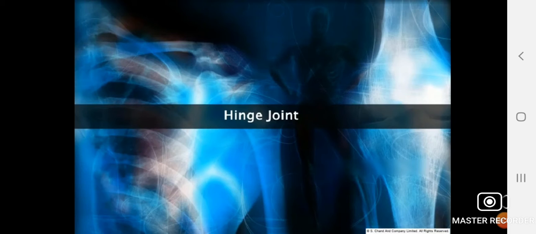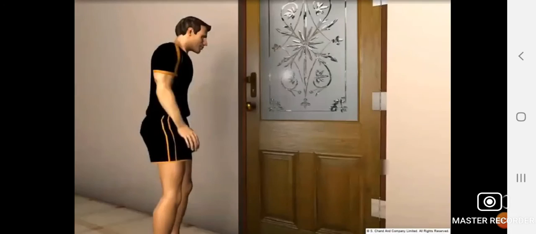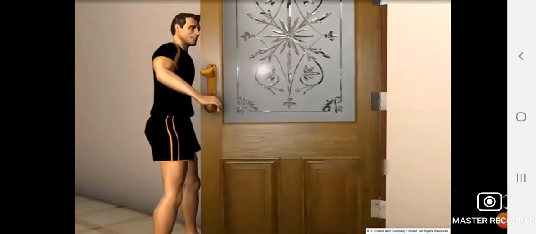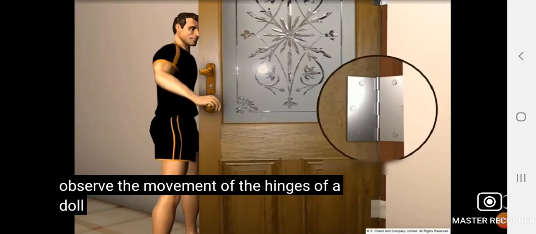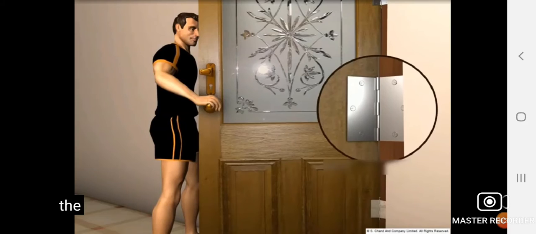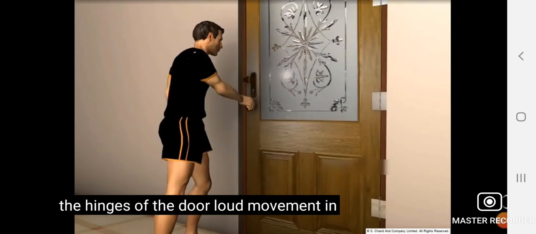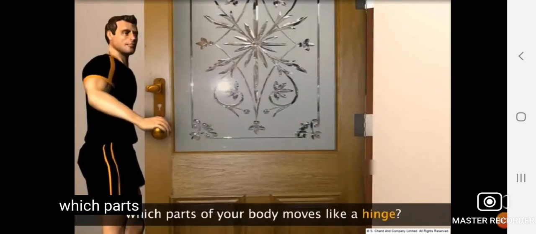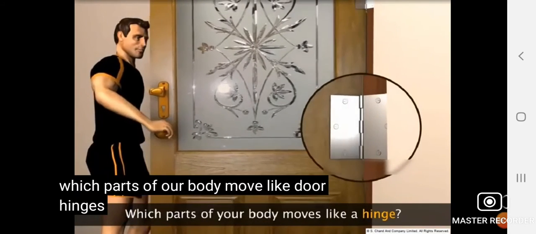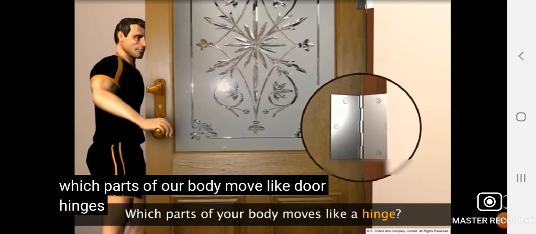Hinged joint. Observe the movement of the hinges of a door. The hinges of the door allow movement in only one direction. Which parts of our body move like door hinges?